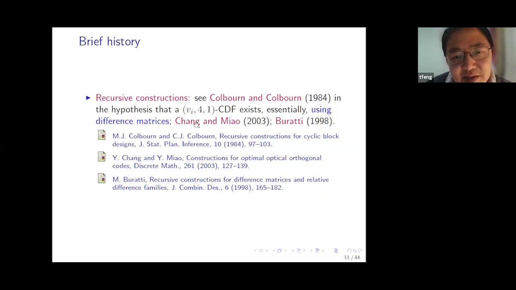And Chang Yanxun and Miao Ying gave a new concept related to difference matrices named incomplete difference matrices. It's a very useful tool to study difference families, so I list their paper as the second reference. And Buratti's paper is also important, because if you want to construct difference families over certain groups, not just cyclic groups, the third reference is very useful.